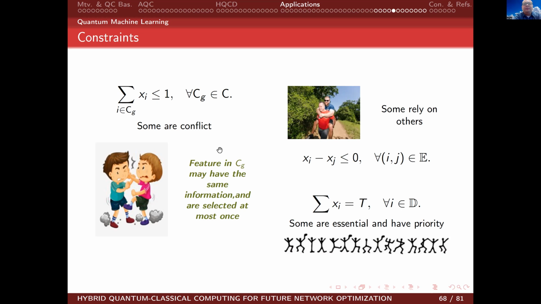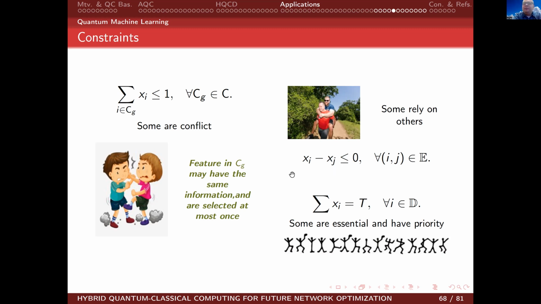Some features rely on others. For example, if I pick feature i, then I must pick feature j. Here we represent this relationship as xi is less than or equal to xj, which represents the rely relationship.